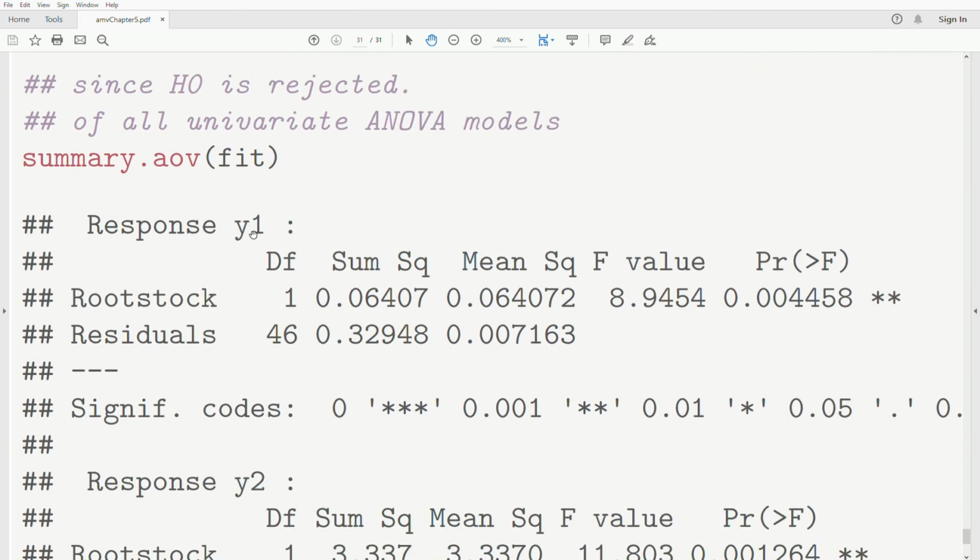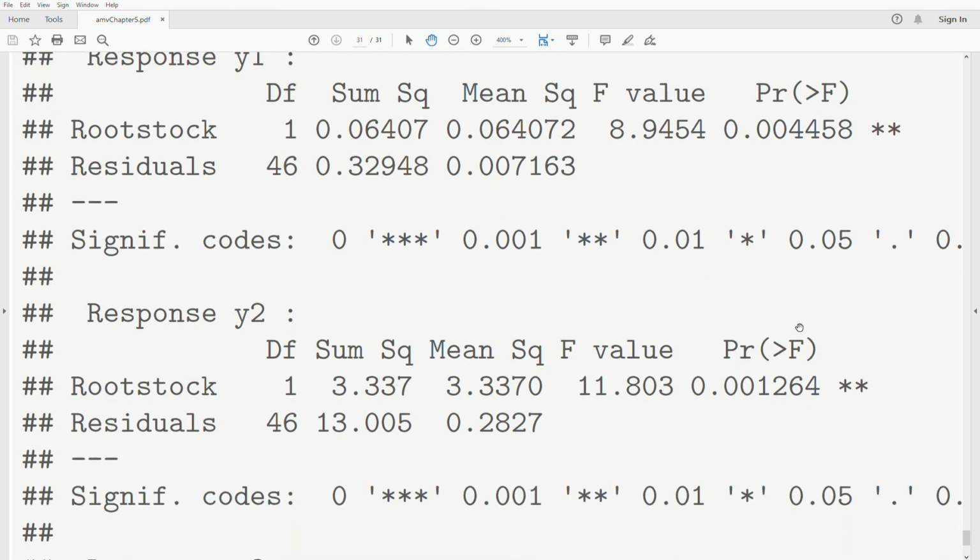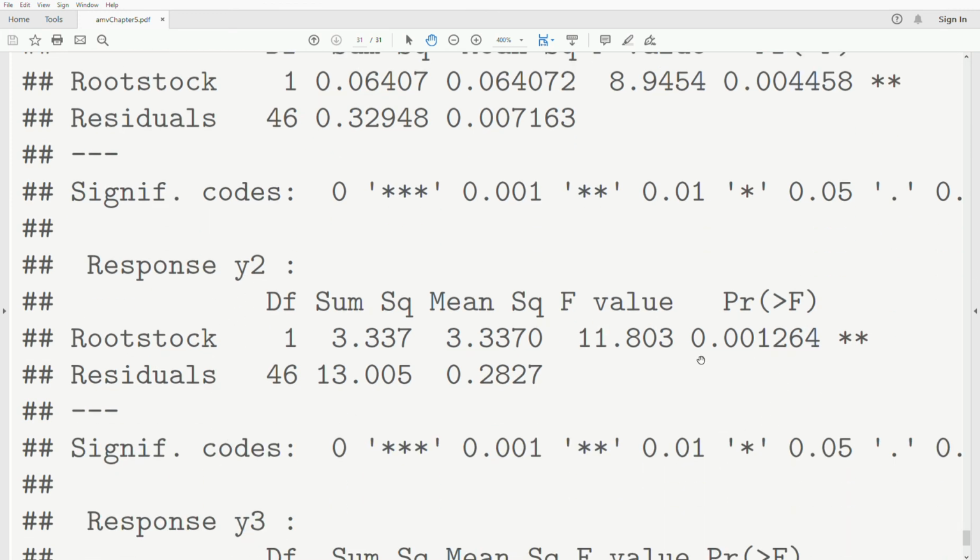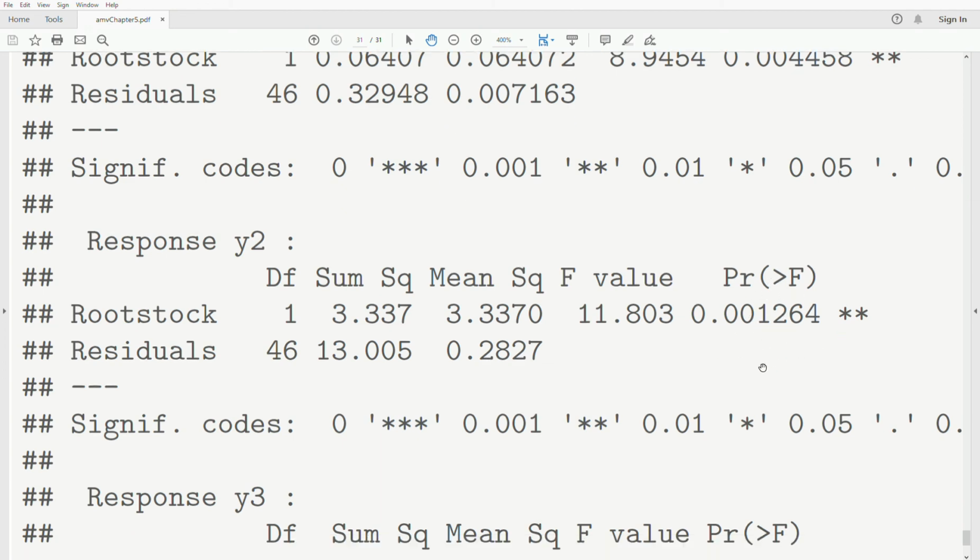So response 1, you know that between the different root systems or rootstocks, it's significant. So response 1 is different depending upon which rootstock system we're in. Now response 2 is actually, the mean is different between the rootstocks. The p-value is 0.001.